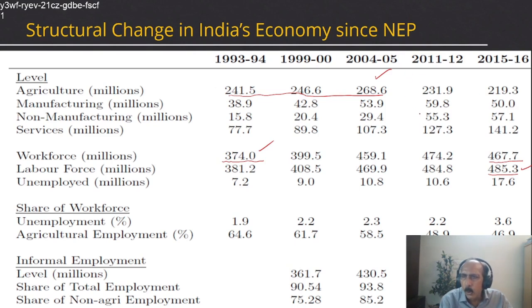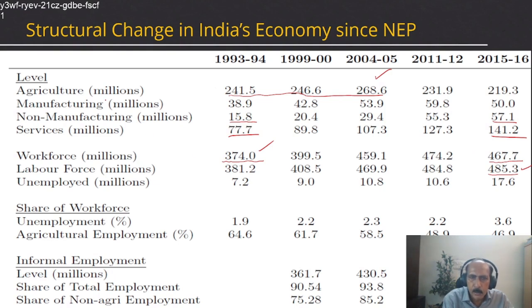Therefore, where has it gone? It has gone to the non-manufacturing and the services sector. You see that in the non-manufacturing sector, it has increased from around 16 million to 57 million in 15-16, while in case of services, it has increased from 78 million to 141 million in this period.